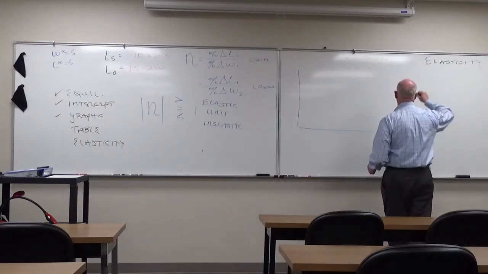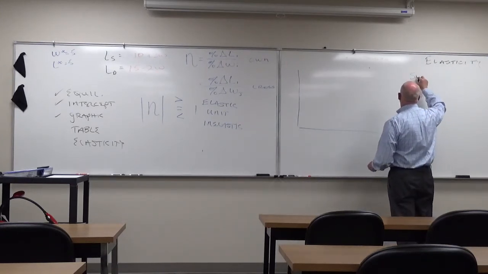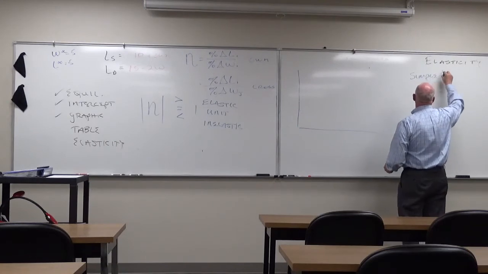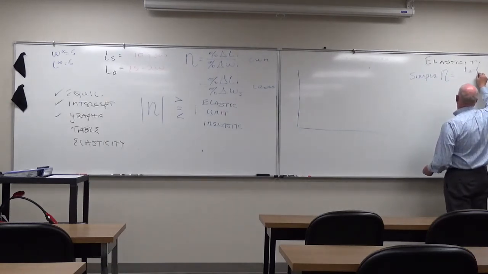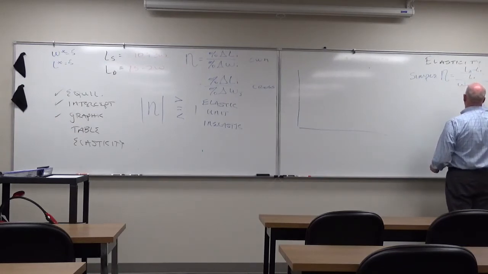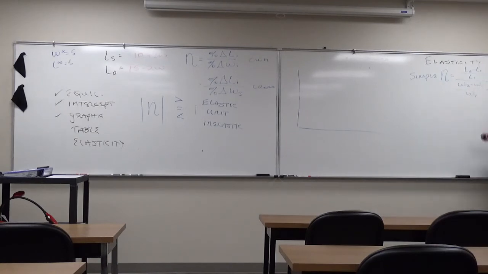Because our equation for elasticity, simple elasticity, is equal to L2 minus L1 divided by L1, divided by W2 minus W1 divided by W1. If we times this by 100, you would easily see that that's a percent change, and we times that by 100, that's a percent change.